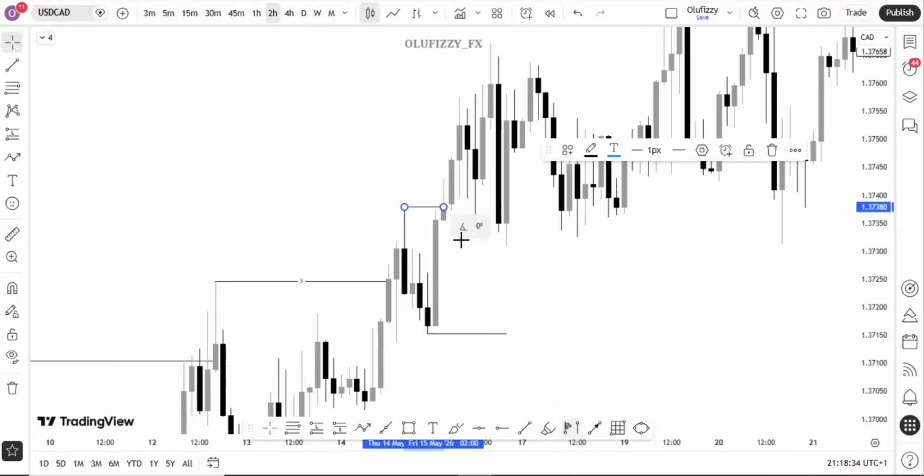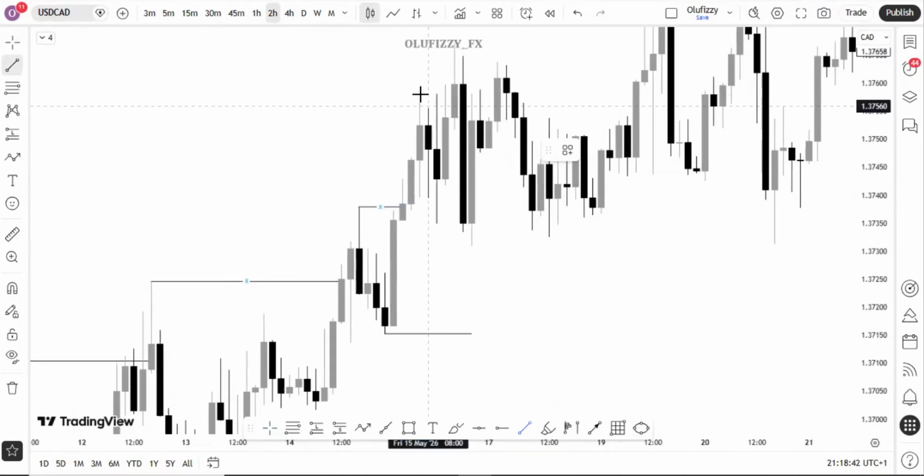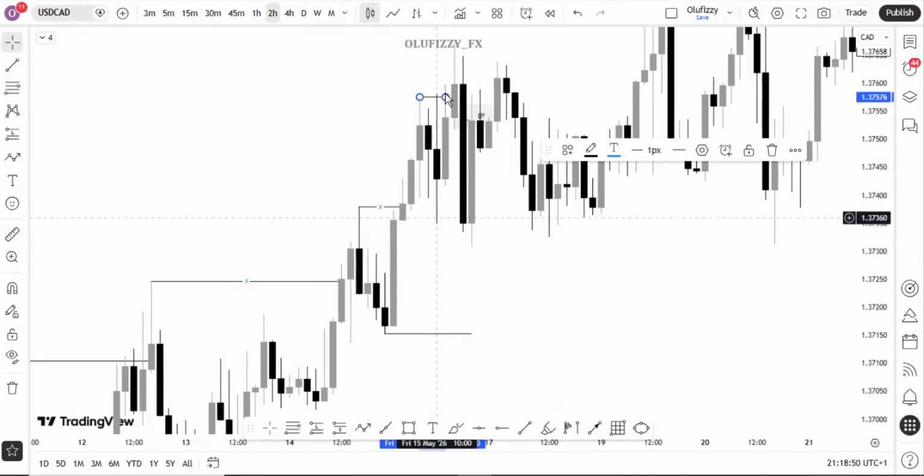And after that, we see another high was created here. Price gives us a minor pullback here. So we have a pullback and we have a break of structure.